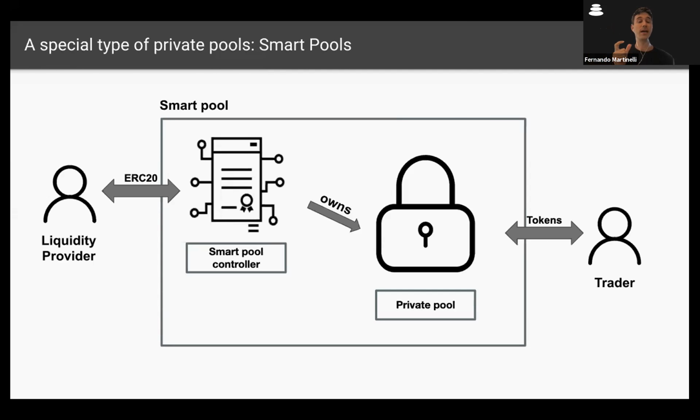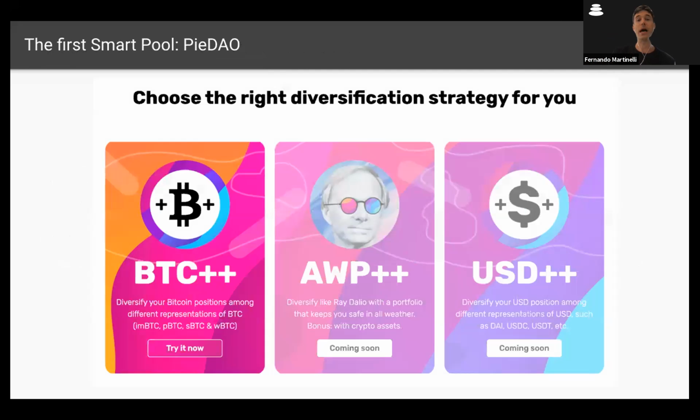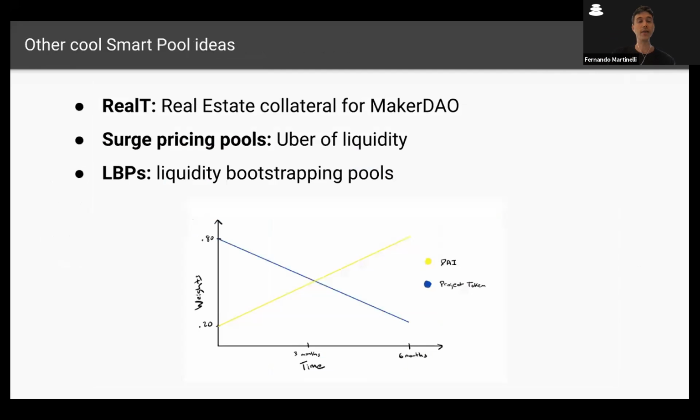Now, the nice thing is that the smart pools are flexible. So we have a template, like a factory, where anyone can choose which rights that smart pool can have. And this is very useful, for example, for other projects like PieDAO or like Realty.